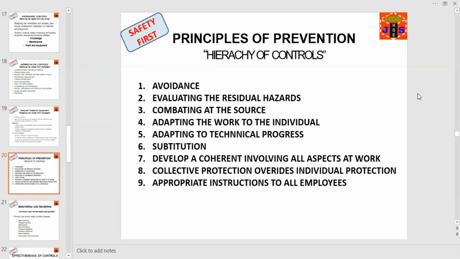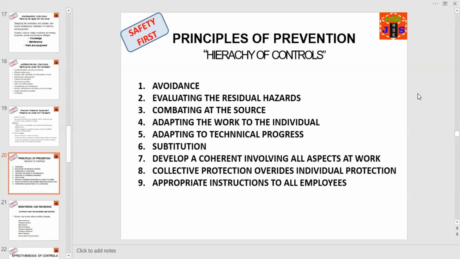Dear friends and fellows, let us discuss the principles of prevention of hazards. Number one, avoidance. Number two, evaluating the residual hazard. Number three, combating the hazards at the source. Number four, adapting the work to the individual. Number five, adapting to technical progress.